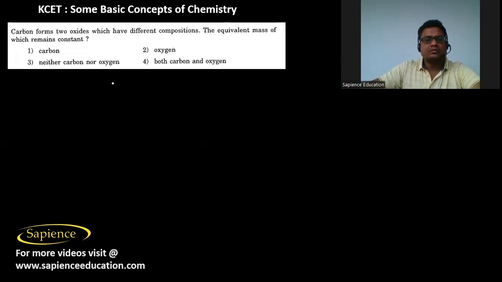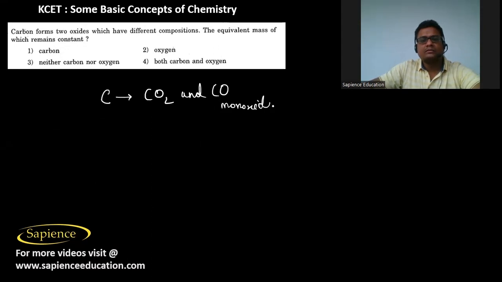Then here it is told carbon forms two oxides which have different compositions. As we know, carbon can form CO2 and CO. One is carbon monoxide and one is carbon dioxide. So the equivalent mass of which remains constant? Here only the oxidation state of carbon will change, since the oxidation state of oxygen is always -2 only.